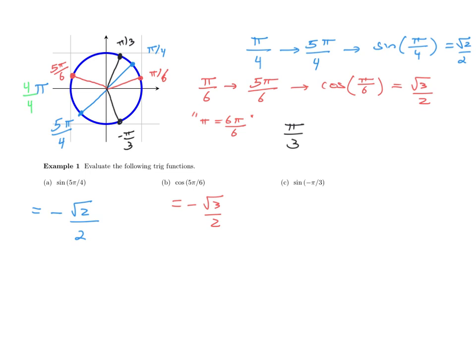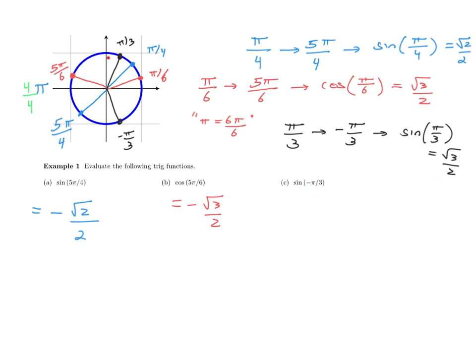Okay, so here we go. I thought of pi over 3, and I used that to help me figure out where negative pi over 3 is. I'm now going to think about, what is sine of pi over 3? And that's equal to root 3 over 2. So again, we have the situation that sine of negative pi over 3 is either equal to this or it is the negative of this.